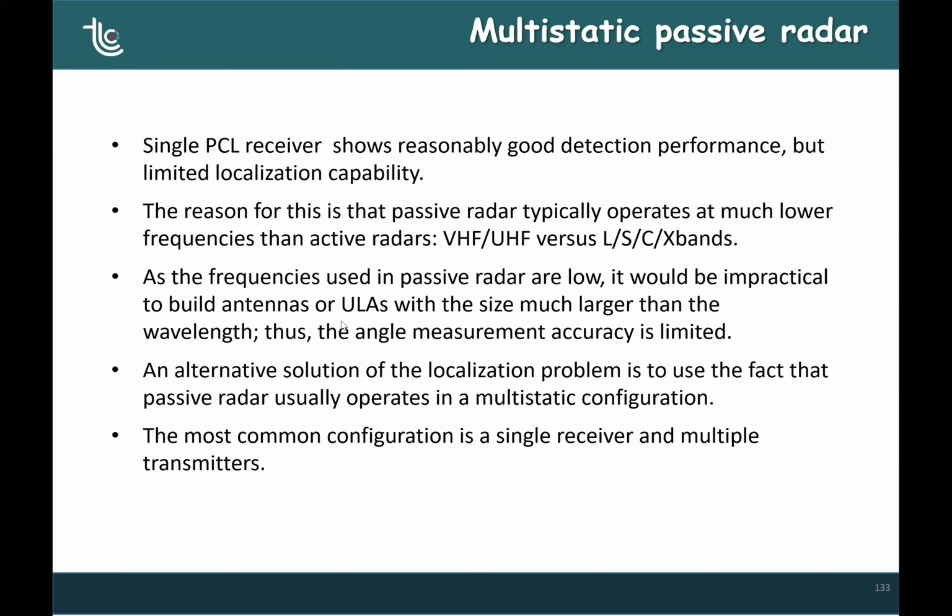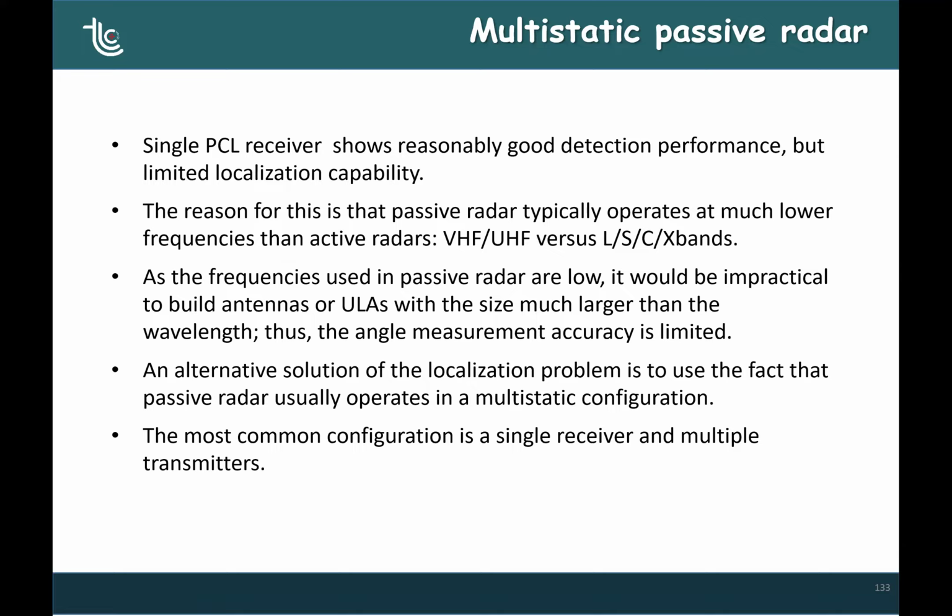Generally, the arrays, the passive radars operate at low frequency, VHF and UHF, more than L, S and X band, okay?